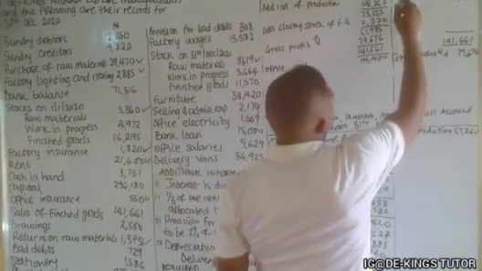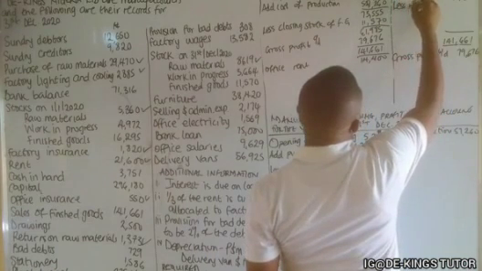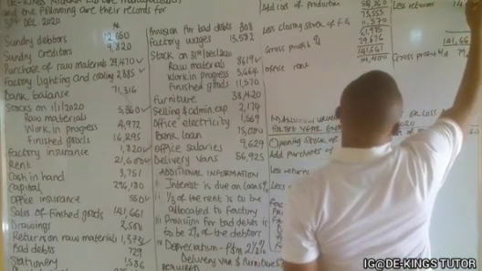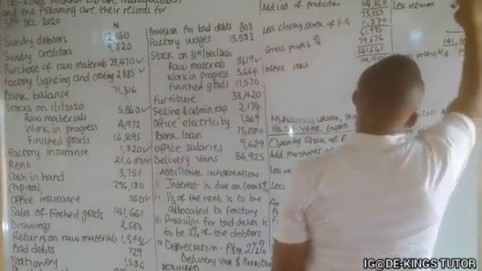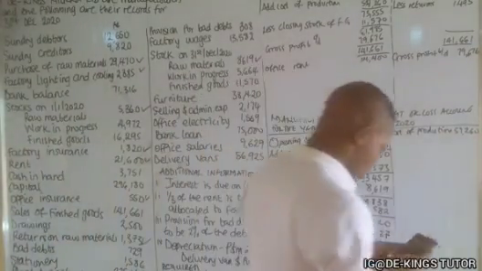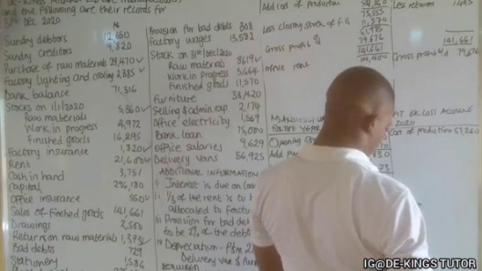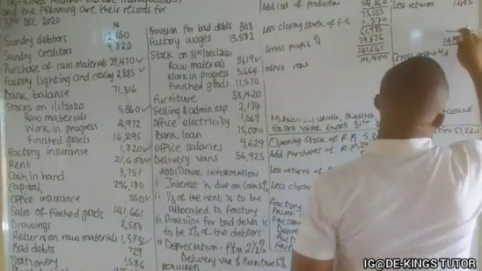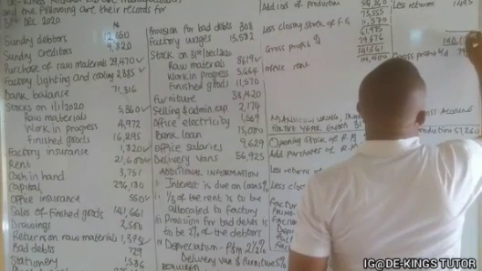So we have to less returns of finished goods. So 141,661 minus 1,493 equals 140,168.